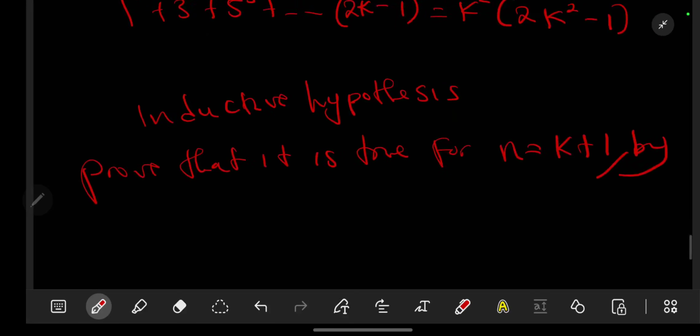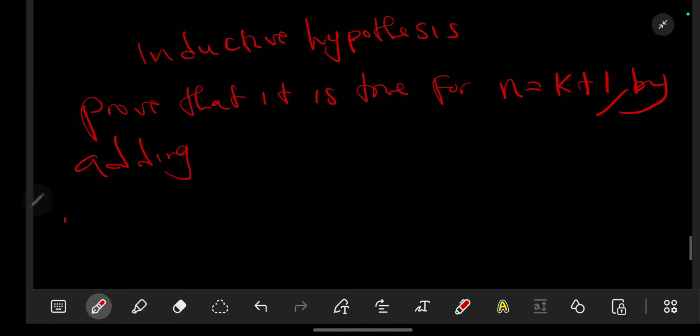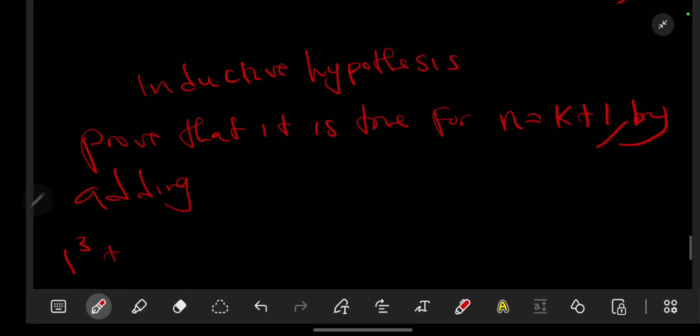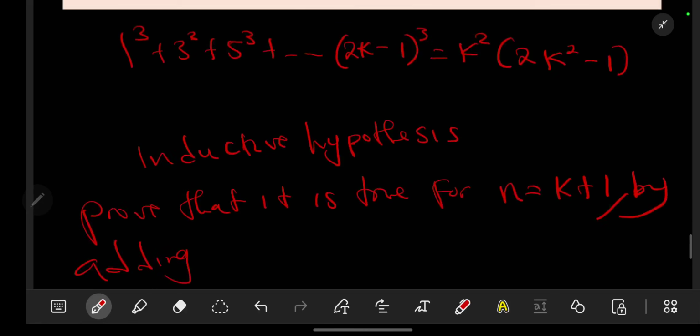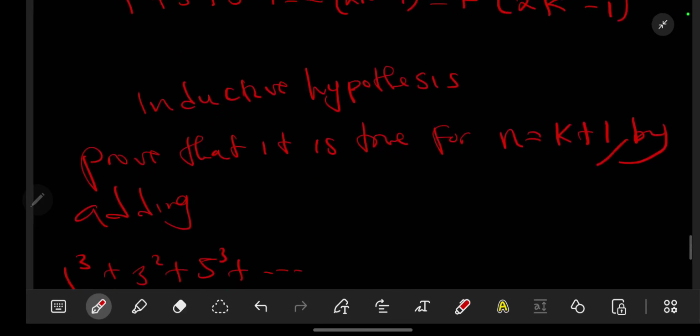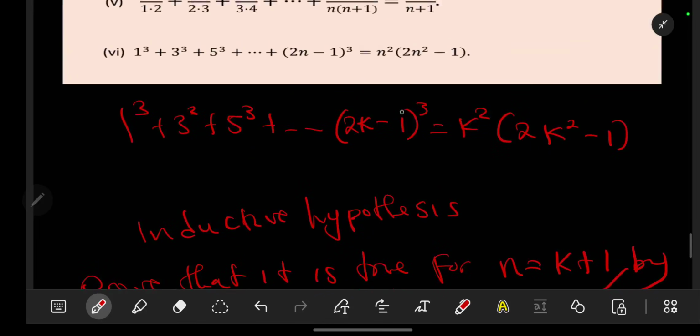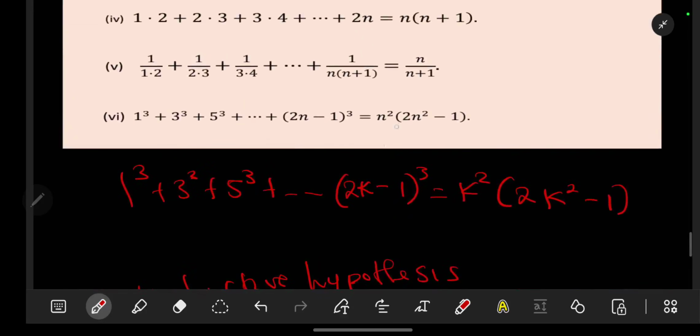So by adding, we are going to have our 1 cubed plus our 3 cubed plus our 5 to the power 3 plus dots dots dots. We have our 2k plus 1 to the power 3, add plus this k plus 1, but you are going to substitute. Where there is n, you are going to put k plus 1.